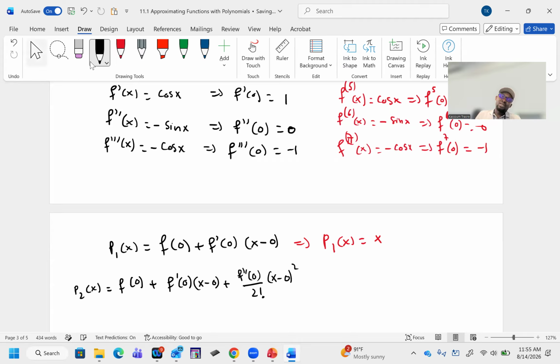Again, I'm not writing x minus 0 because you know x minus 0 is x. We know f of 0 is 0, f prime of 0 is 1, and f double prime of 0 also is 0, so this will be 0. So my p sub 2 of x will also be equal to x.